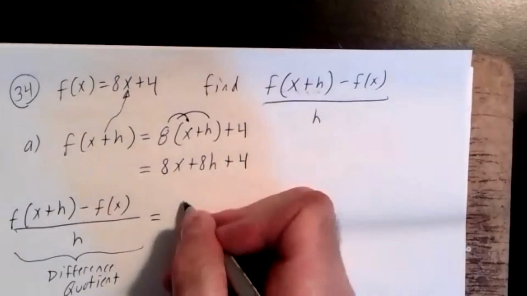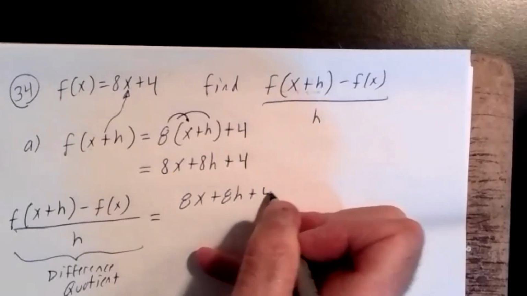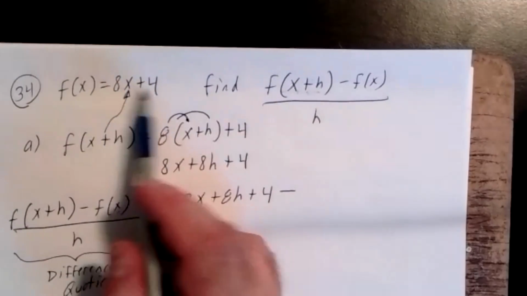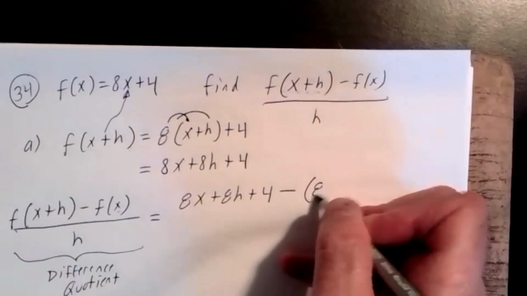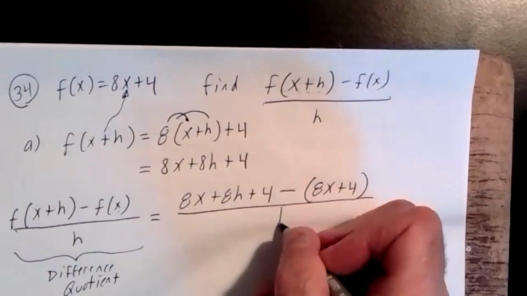F of x plus h is going to be replaced with 8x plus 8h plus 4. And then we're going to have to subtract off f of x, but f of x is just 8x plus 4. And all this is divided by what? By h.